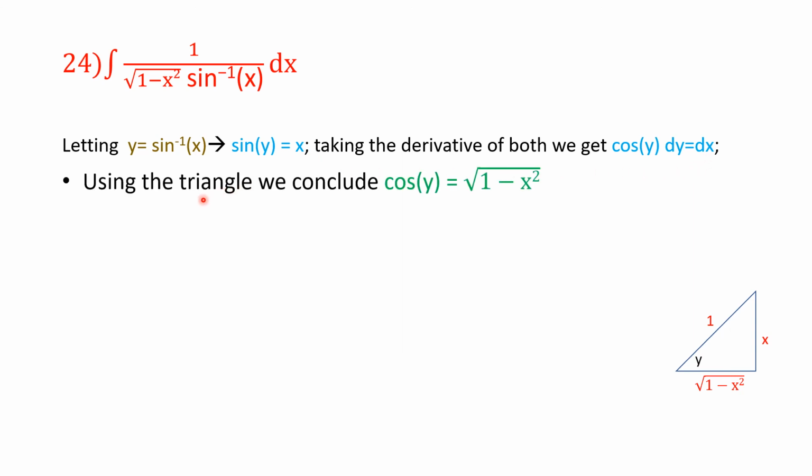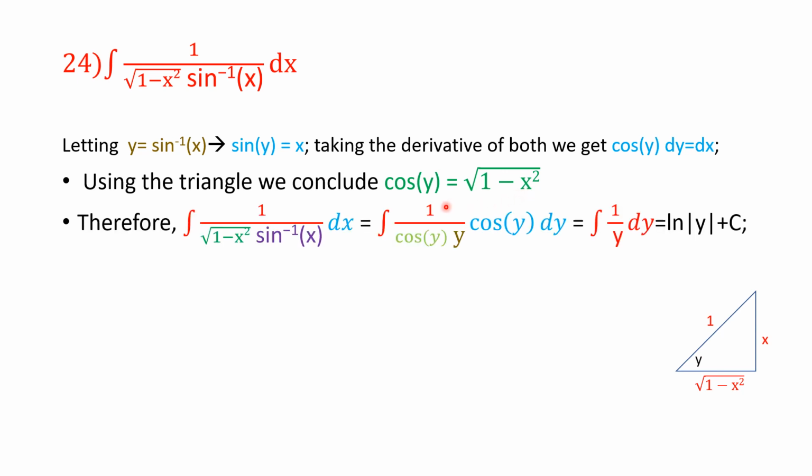We will use this now. Using the triangle, we conclude cosine of y. Cosine of y is the adjacent divided by the hypotenuse. So cosine y will be equal to square root of 1 minus x squared. Therefore, the integration that we have to perform, we color-coded it.